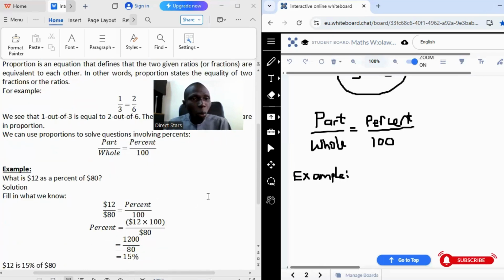What is $12 as a percent of $80? What is $12 as a percent of $80? So what we have to do here is to fill in what we know. We have $12 to be the part, and we have the whole to be $80.